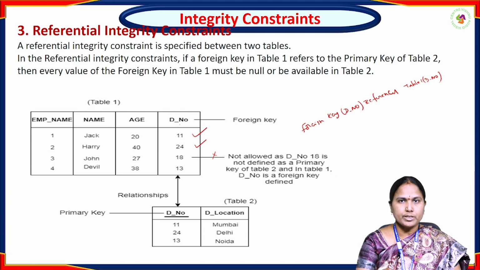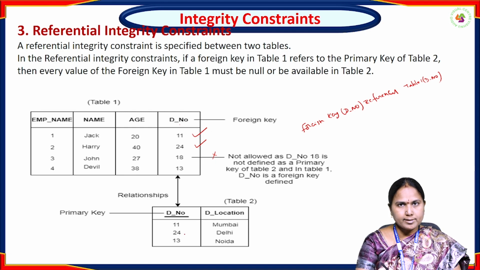What is meant by referential integrity constraint? We can establish references among the tables. If you want to establish references among the tables, all the tables must have a common column. In the given example, department number is the common column.